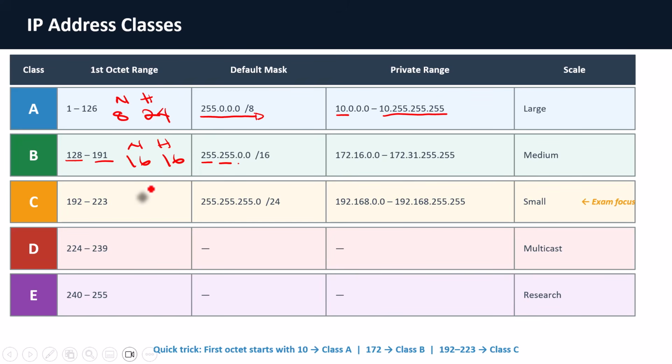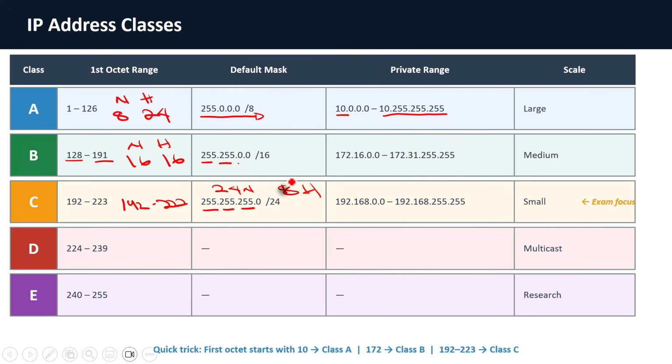When we go to class C, it ranges from 192 to 223. The default subnet mask for class C is 255.255.255.0. Why? Because it has a total of 24 network bits and a total of 8 host bits.